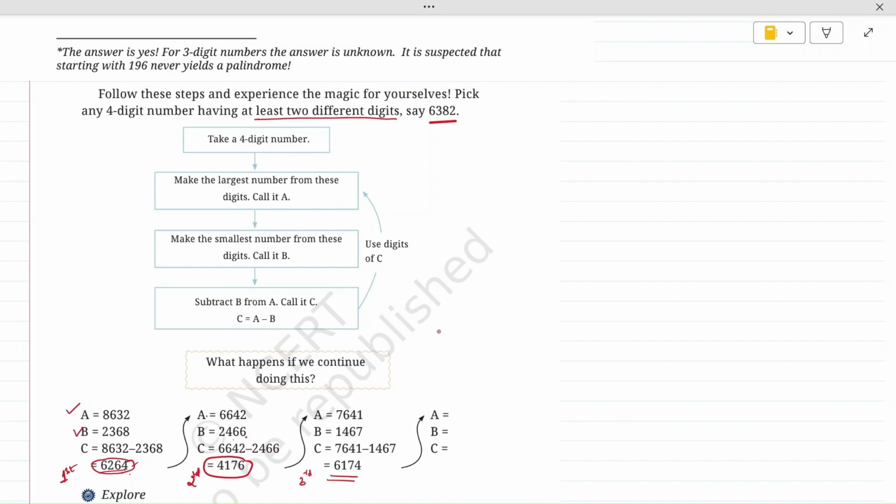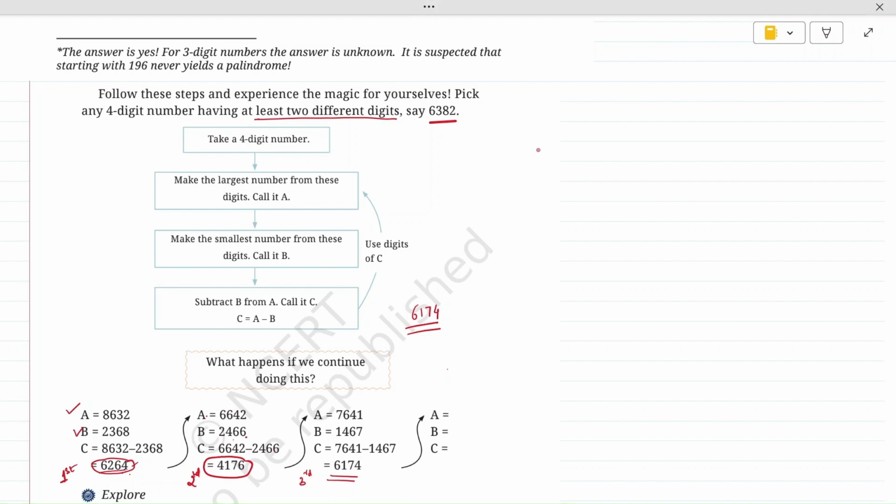If the answer here is 6174, which will eventually come, then that is the end of it. If not, then we have to repeat the same process with the answer which we have got here. So let us do this question, where we have been asked to carry out the same thing with some 3-digit number and see how it repeats.